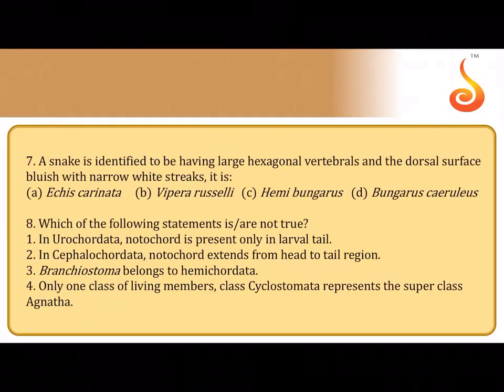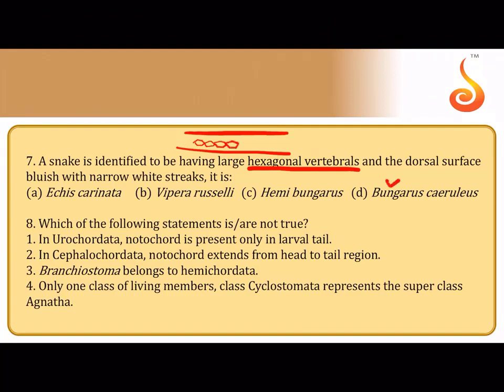A snake is identified to be having dorsal hexagonal scales. So on the back of the snake, you can find hexagonal shields on the back of its body, and such hexagonal shields are a feature of Bungarus ceruleus.